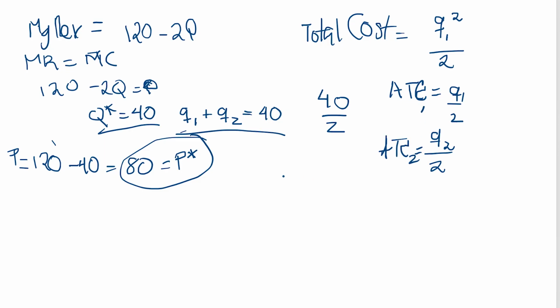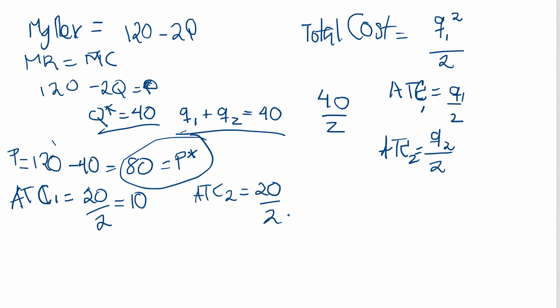Given that these are the average total costs, then it means that these two bookstores are more efficient than one single bookstore. So let's calculate the average total cost of firm 1. Firm 1 has a quantity of 20 divided by 2. So the average total cost of 1 is 10. And the average total cost of 2 is equal to 20 divided by 2, which is 10 as well.